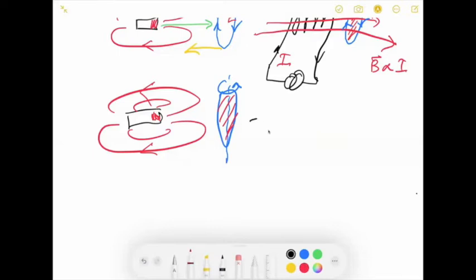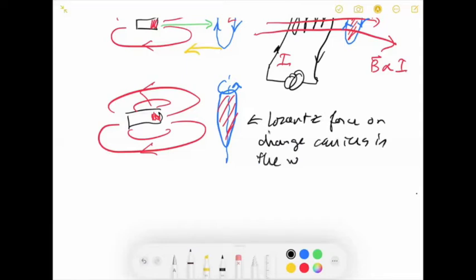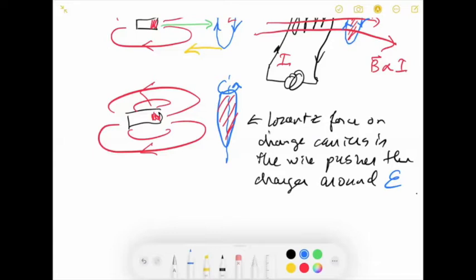The Lorentz force on charged particles or charge carriers in the wire pushes the charges around, and you actually get the exact same EMF that you get if you were to ignore the fact that it's the loop that's changing its angle with respect to the magnetic field.